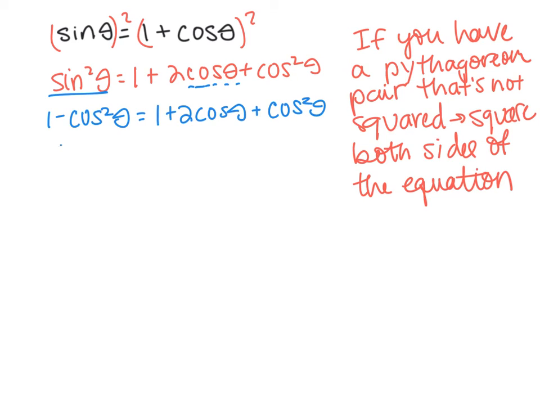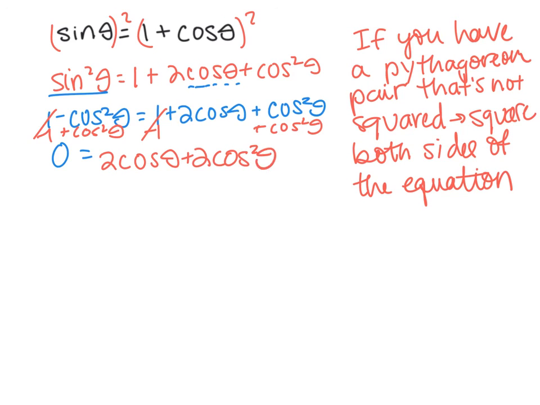Get everything to one side of the equation. We have 0 equals, see, the 1's go away, add the cosine squared, we have 2 cosine theta plus 2 cosine squared theta.